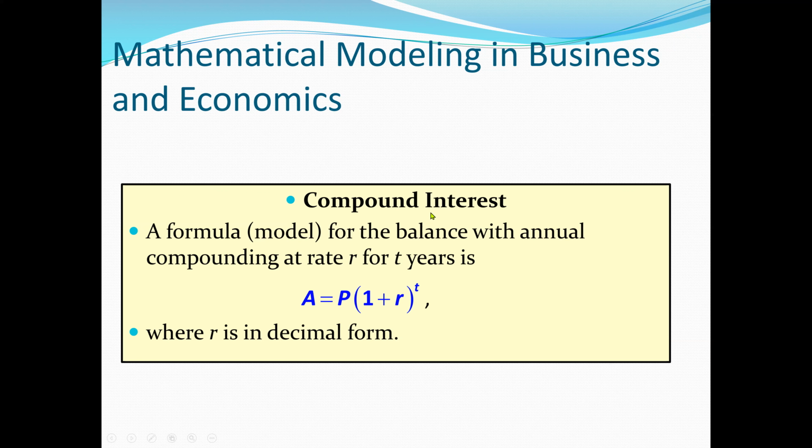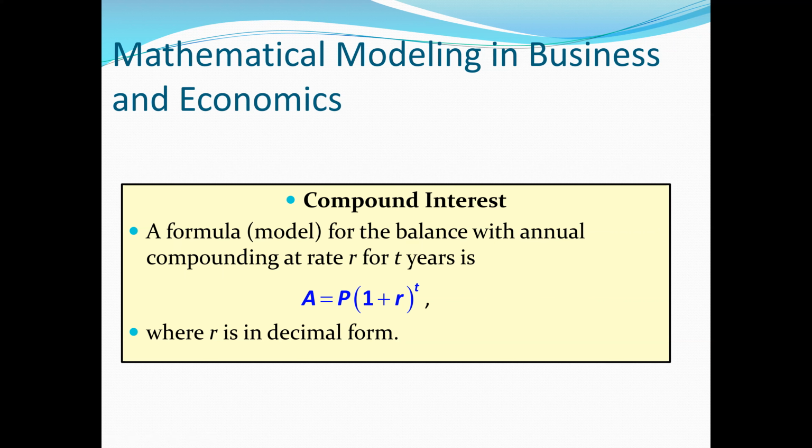But with compound interest, the interest you earn every year will not be given to you. It will rather be added into your principal, which means you earn more money, because the first year I earned $100 interest. The $100 interest will be added to $10,000. So in the second year, I will get interest on $10,100, not interest on $10,000.